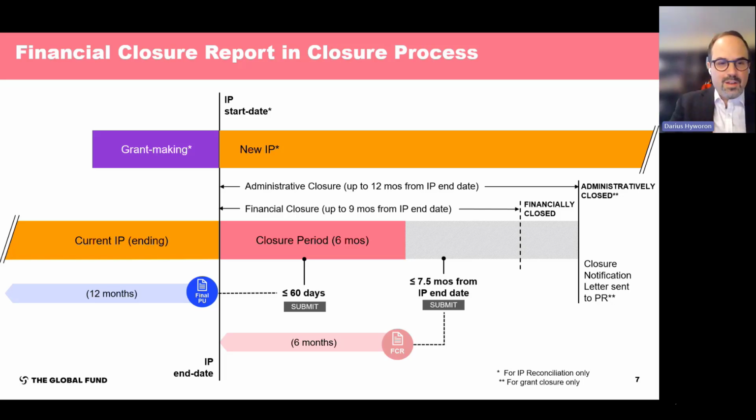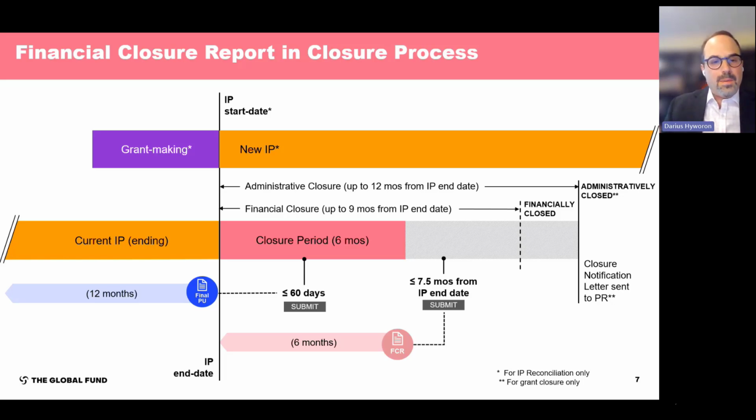Then on the end of the IP date and the start of the next IP date, the new IP will start for the 3 years. But for the first 6 months, that's the closure period of the old IP. And then after the end of that 6 months, the financial closure report will be shared by email in the online form. And then you have until mid-August to complete the new financial closure report.